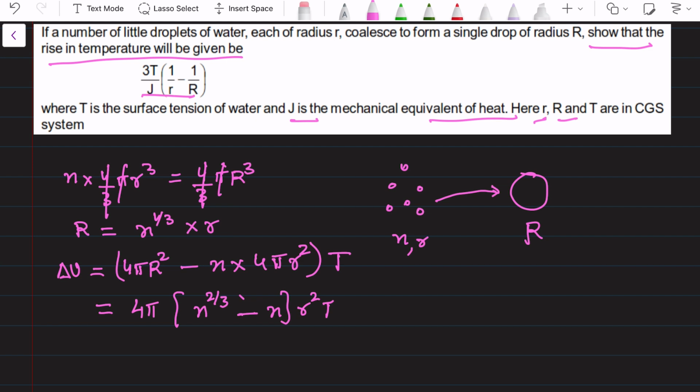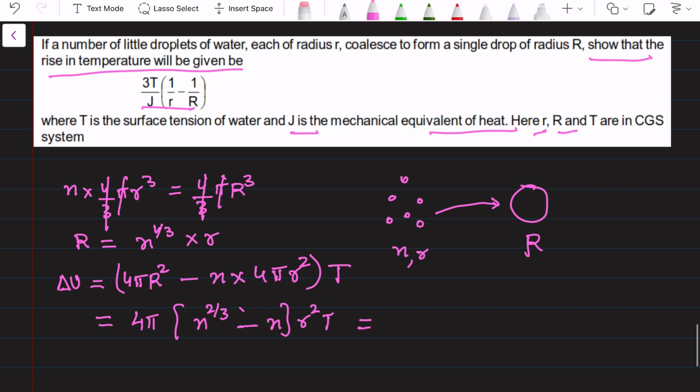This change in surface energy is appearing as the internal energy, which will change the temperature of the drop. It can be written as m s delta theta. This is the change in temperature.